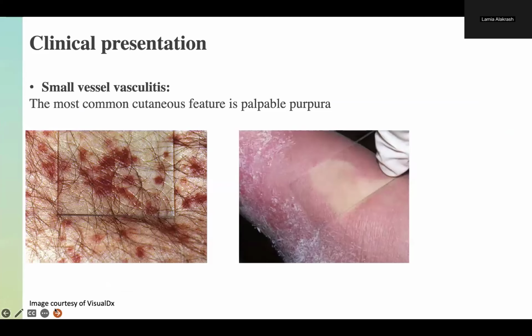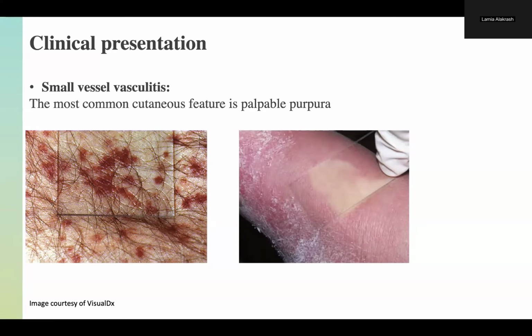As we mentioned, small vessel vasculitis is the most common type of vasculitis in our practice, and the most critical elementary lesion of this type of vasculitis is palpable purpura. So always remember, purpura in vasculitis or purpura in general does not blanch with pressure. Here we have a test, we call it diascopy.